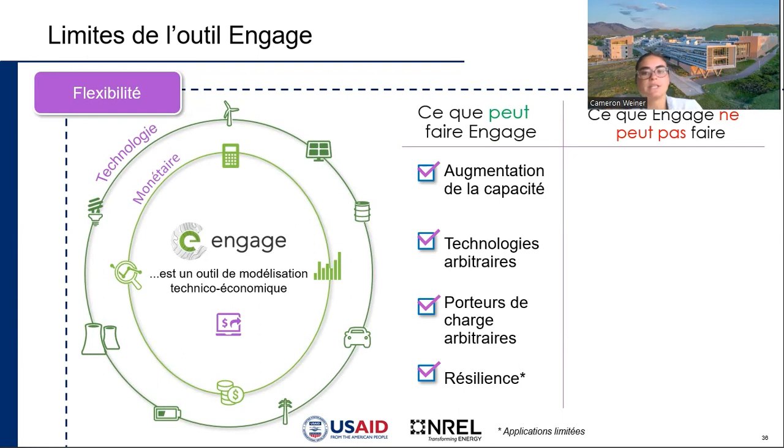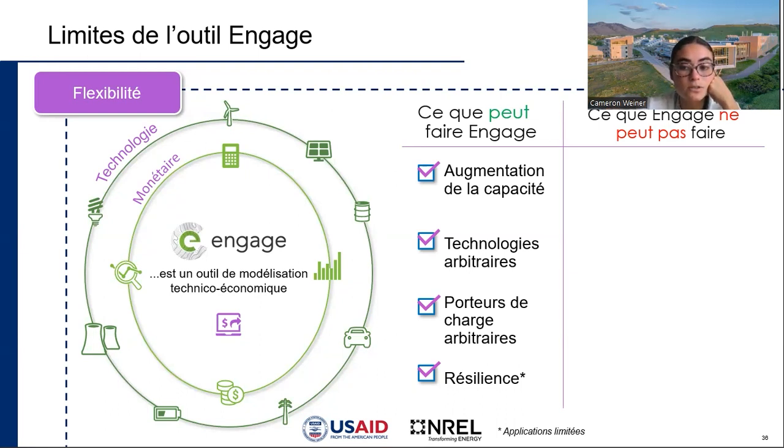And this cost optimization approach makes Engage a great tool for things like modeling capacity expansion, its main purpose. For example, if you want to know how to meet your electricity demand, Engage can help you identify how much and of which technologies would be the most effective to build to meet your demand.